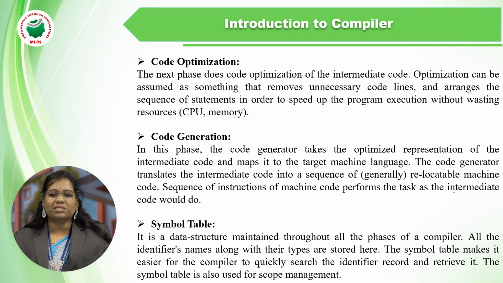The next phase is code optimization. Already we discussed that every phase has its specific responsibility. Here, code optimization takes the input from the intermediate code, which is sent through the abstract machine. It makes sure there is no unnecessary code.